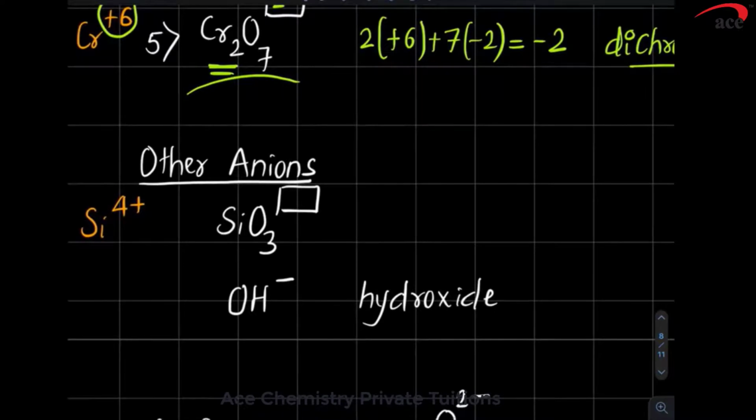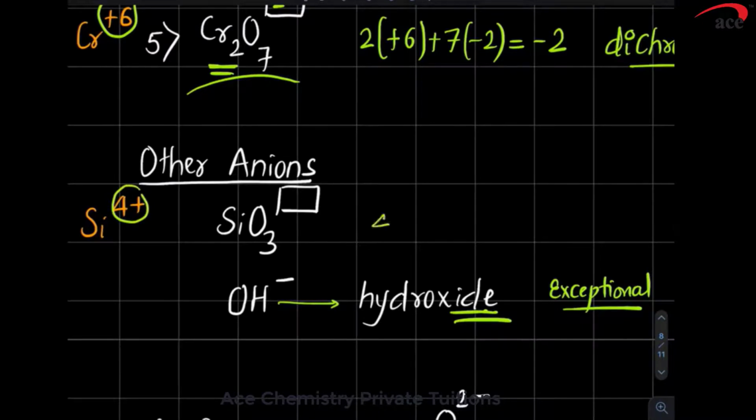Then there are other anions too. What are the other anions? You remember this is called hydroxide. For us an exceptional case, unusual, because we know ide is used by elemental anions and non-oxy anions. This has oxygen. Silicon, common oxidation state +4.